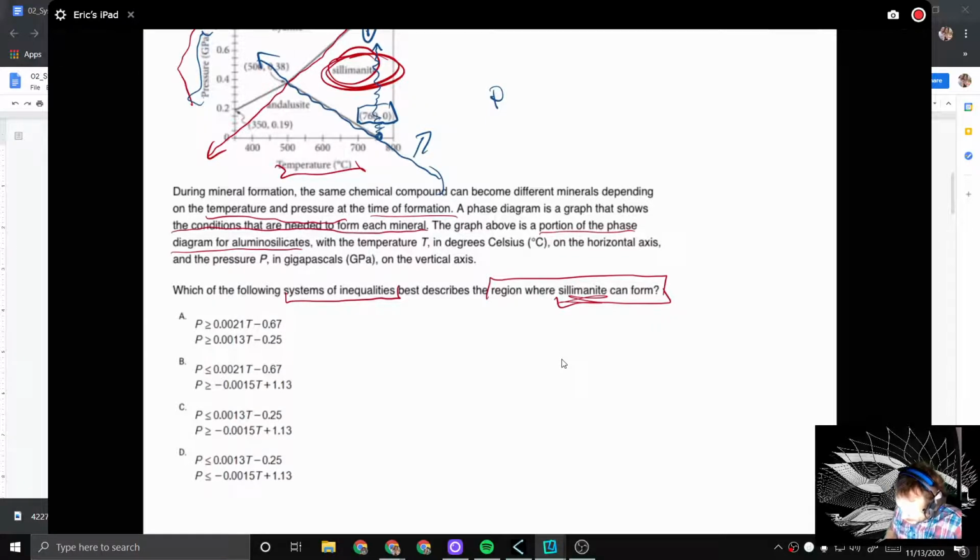So if I put temperature is 0, the pressure should be above. If I put 760 for the temperature, the pressure should be 0. I want all the values where the pressure is above those values, right? Pressure is above here.